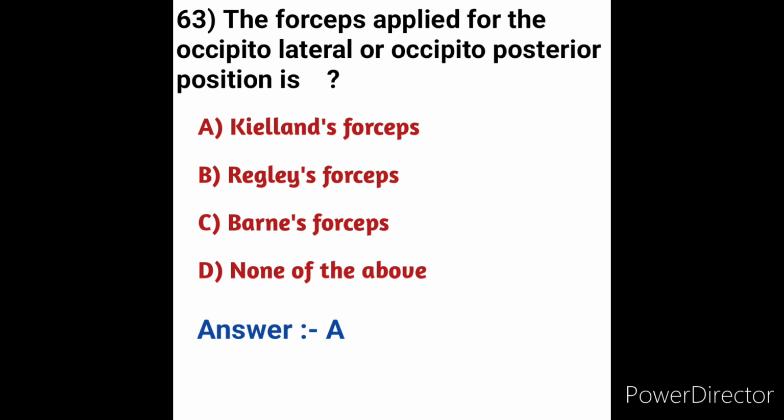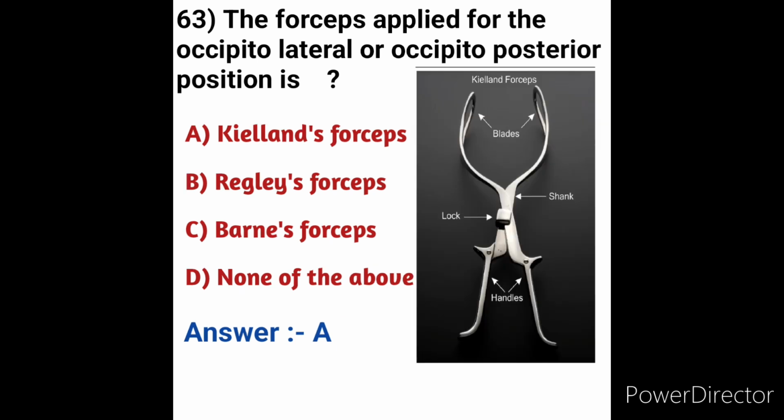Here we can see the Kielland forceps in this picture. Kielland forceps has two blades, one lock, one stroke and two handles. With these Kielland forceps only we can do rotational assisted vaginal delivery during the period of labor.